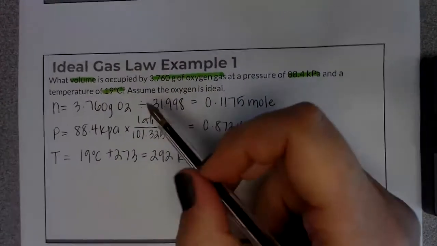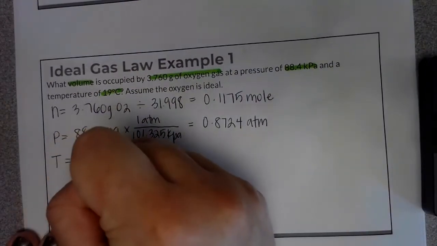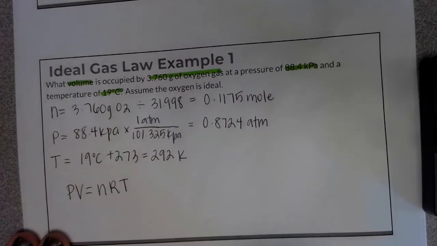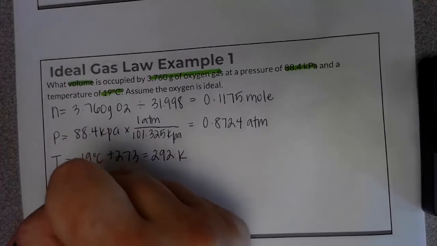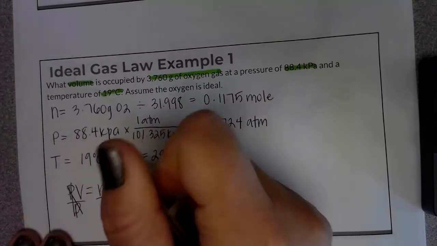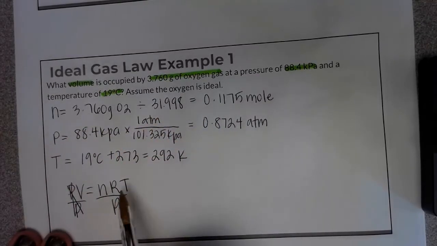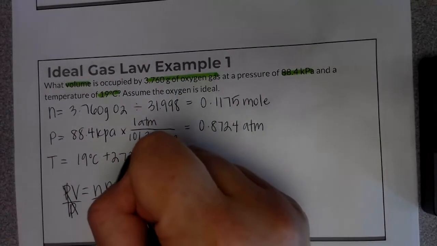So I'm solving for volume. My formula again is PV equals nRT. Solving for volume, I'm just going to divide by P. So V equals n times R times T over P. Let's go ahead and plug that in.